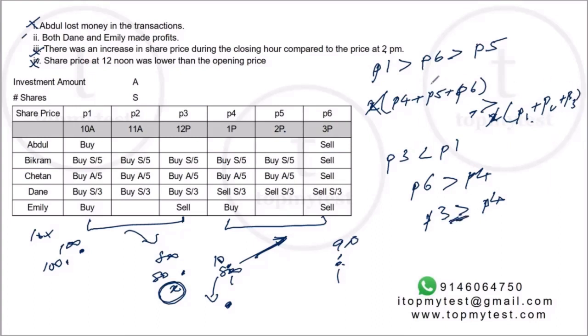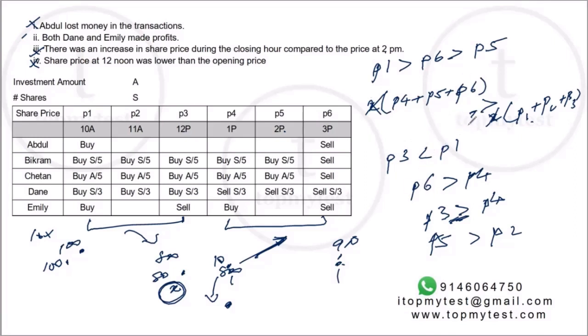So the only way the left hand side is bigger than the right hand side is if P5 is bigger than P2. So P5 has to be bigger than P2. That is the only way you're going to make money. Otherwise, Dane is not going to be able to make money over here.